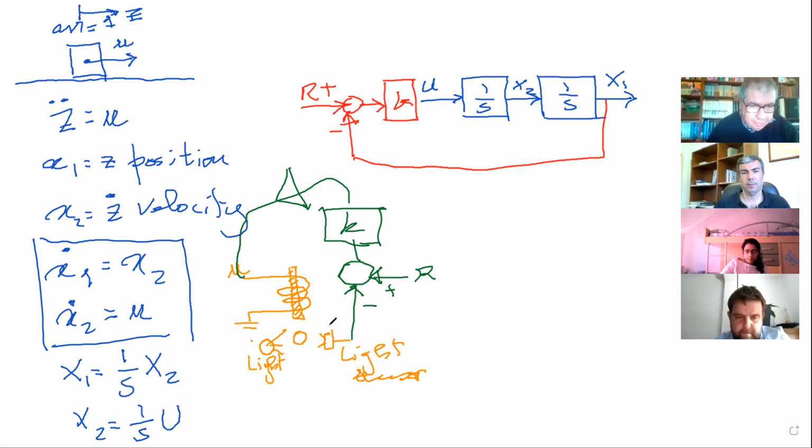So if the sphere is going down, it interrupts the flux of light, and this means that the position is below R, so you have a positive error, you increase the force. Okay? Now, does this work?